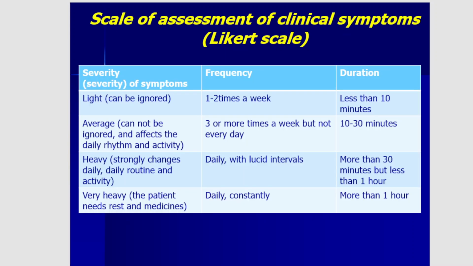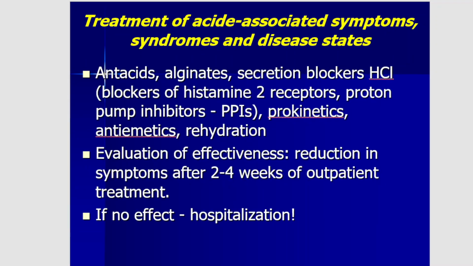It's necessary to check the intensity of symptoms by validated scales, for example, the Likert scale you see in this picture. Treatment: antacids, alginates, H2 histamine blockers, proton pump inhibitors, prokinetics, antiemetics, rehydration.